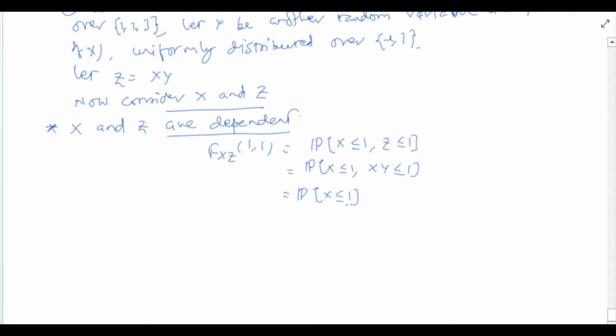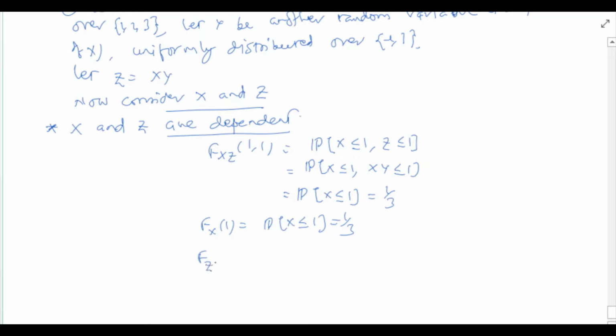This is because when X is less than or equal to 1, that is X is 1, the value of Y does not matter, XY will be less than or equal to 1, and this is 1 by 3. Clearly, the marginal distribution of X at 1, F_X(1), which is the probability that X is less than or equal to 1, is 1 by 3.